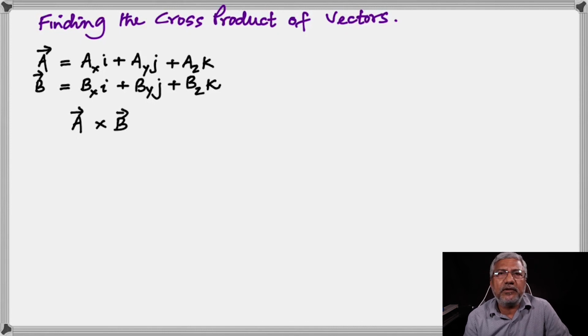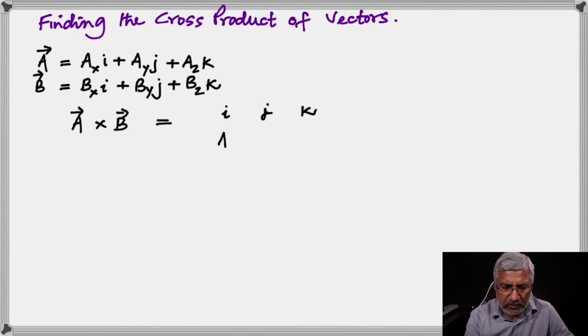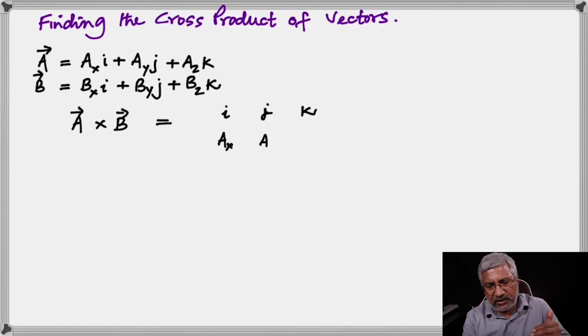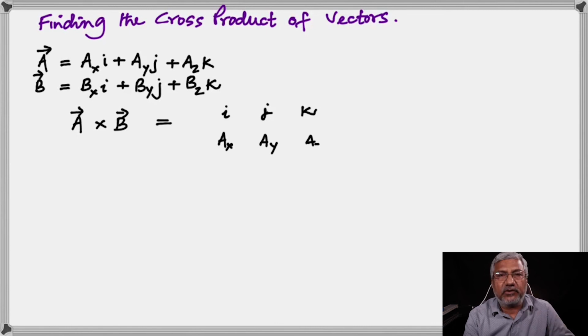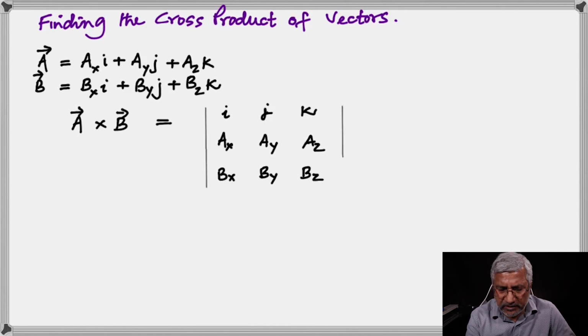And we have to put it in matrix form, using matrices where you put I, J, K on top. Then list the coefficients of vector A first because it's A cross B. What are the coefficients? It's AX, AY, and AZ. Then list the coefficients of B. And so that's the matrix format.